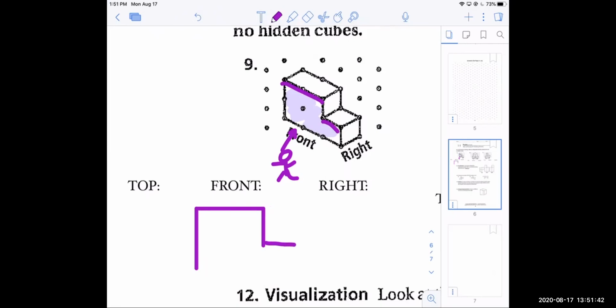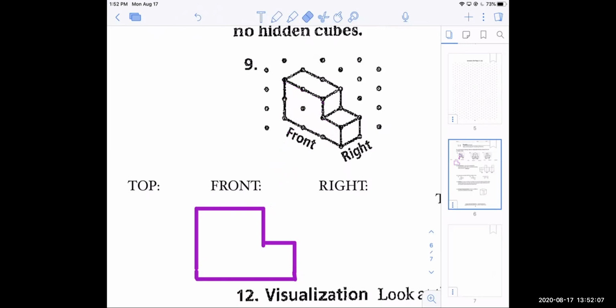So I'm going to try to increase that there. And that would be the front view. So there's nothing that's cutting that off.